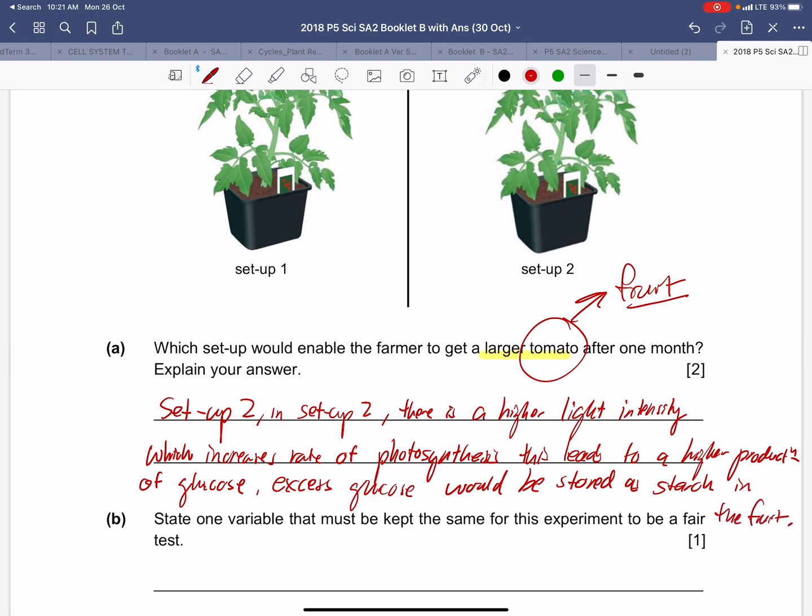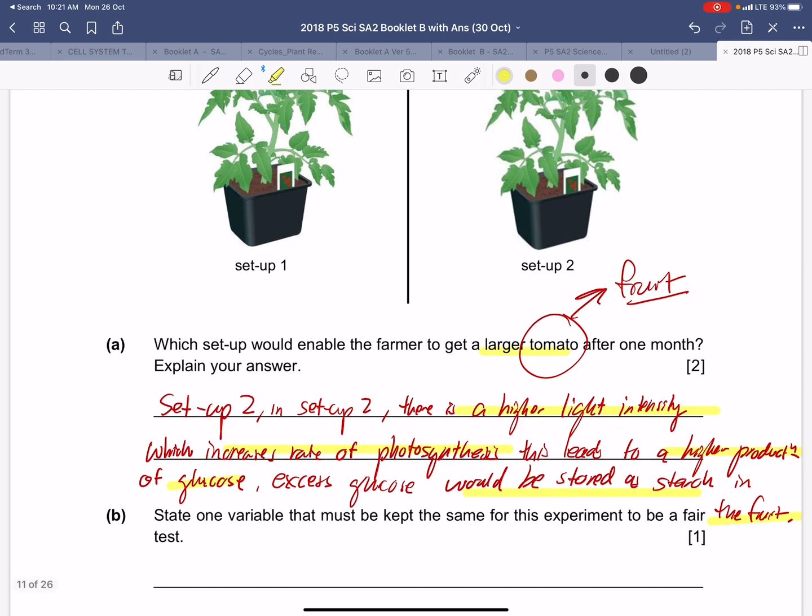So I'm going to go through again. First marking point, identification of higher light intensity. Second one, higher light intensity increases rate of photosynthesis. This then leads to a higher production of glucose, which leads to an excess. Any excess would then be stored as starch in your fruit. So, half mark each.